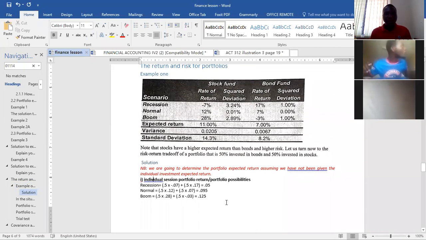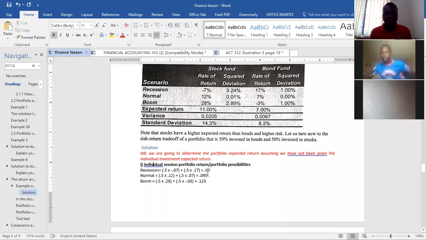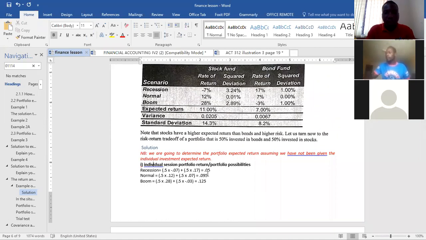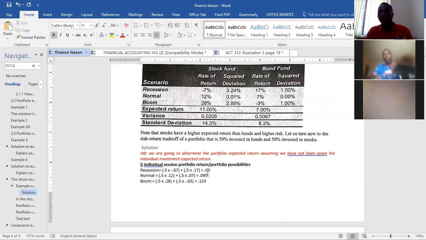Now, in an attempt to do that, you first of all calculate what we call the portfolio possibilities. The portfolio possibilities.